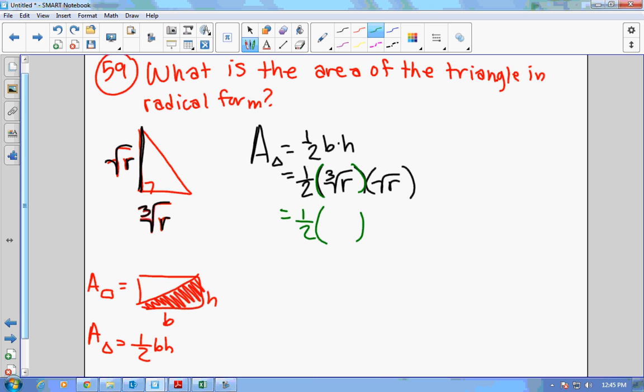So I can change this to exponential form. X to the, do you remember how to do that? 1/3. The index is the denominator. Fingers in the air, what's the index of the square root?